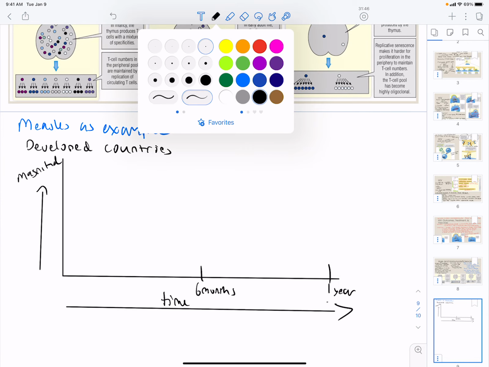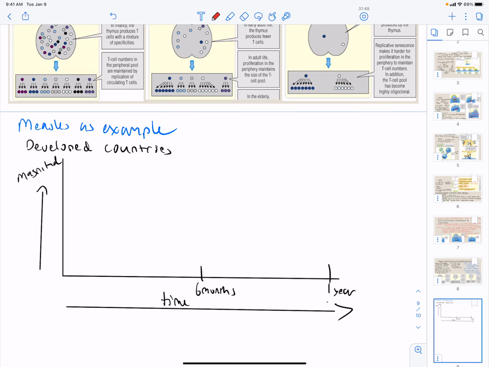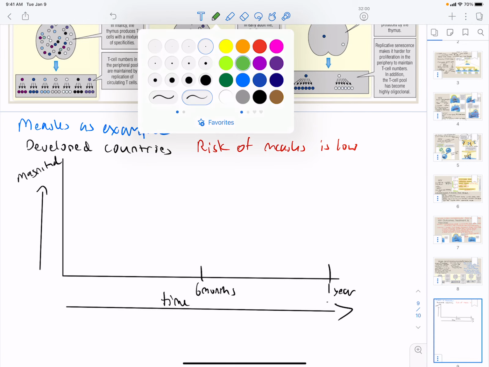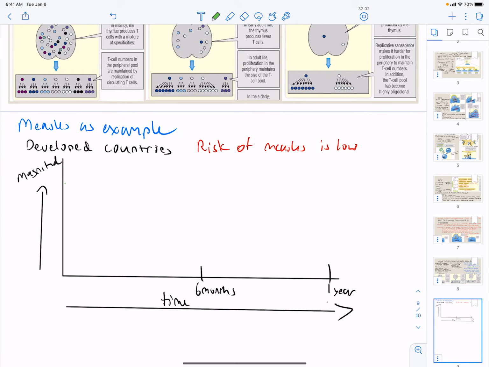So in the developed world, the risk of measles is low. And so we're going to have maternal antibodies that are going to wane.